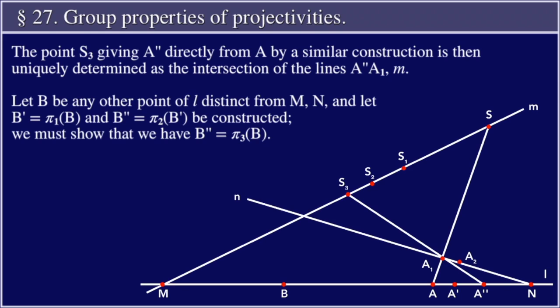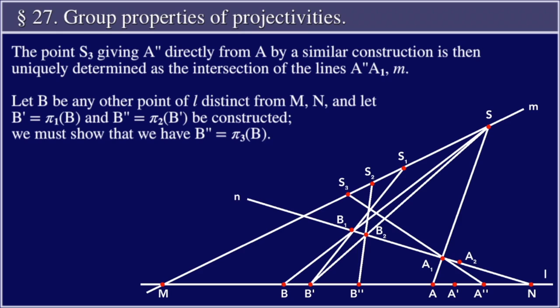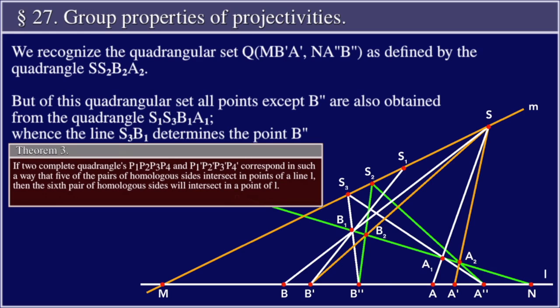Let B be any other point of L distinct from M and N, and let B prime equal pi sub 1 of B, and B double prime equal pi sub 2 of B prime, be constructed. We must show that B double prime is equal to pi sub 3 of B. We recognize the quadrangular set Q of M B prime A prime, and A double prime B double prime as defined by the quadrangle S S2 B2 A2.